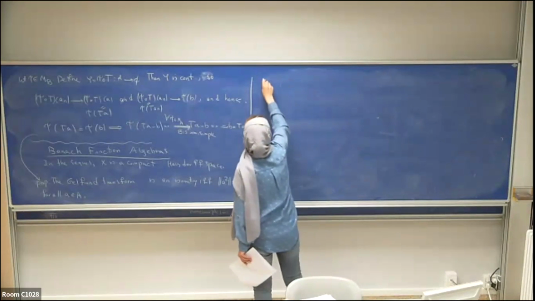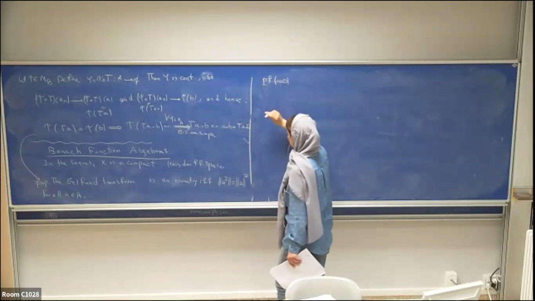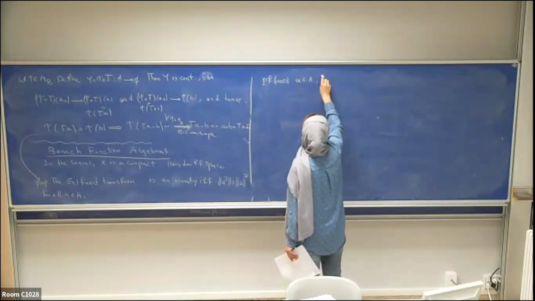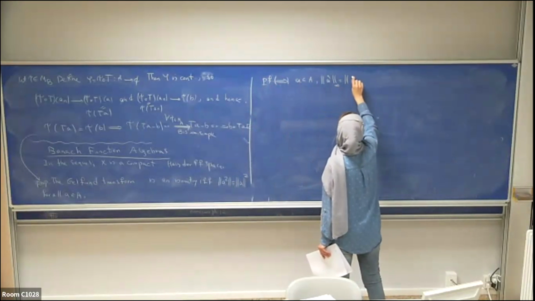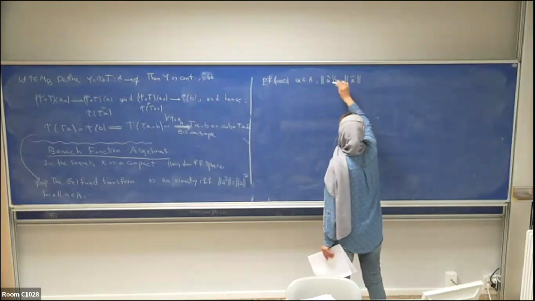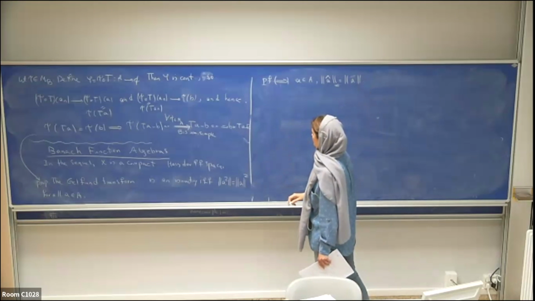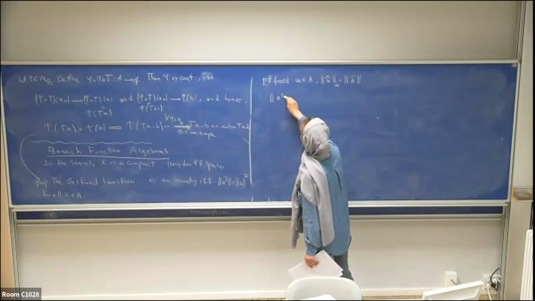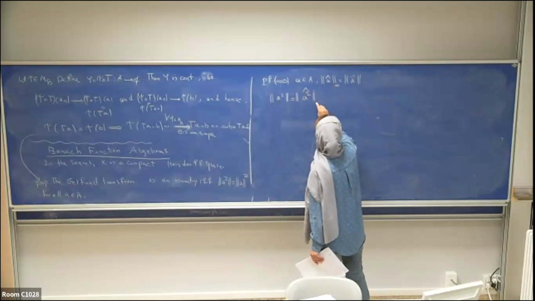For the proof, if it is an isometry, it means that for A in the algebra, the supremum norm of A hat is the norm of A. And so the norm of A squared is, from this, for example, the norm of this.